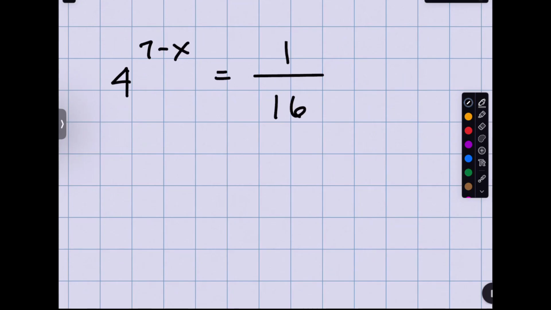I got it right? I don't know how I did that for real. Do I divide by the 4? No, you can't, because it has a power to it.